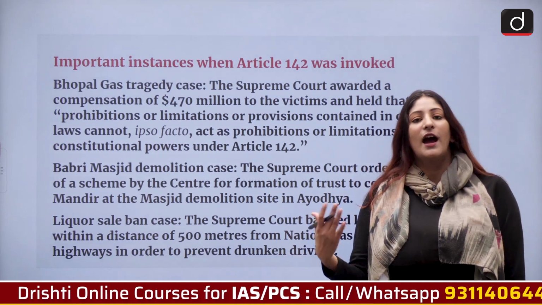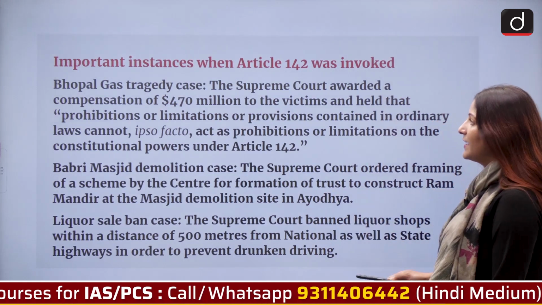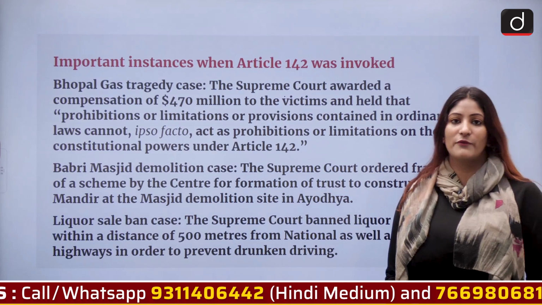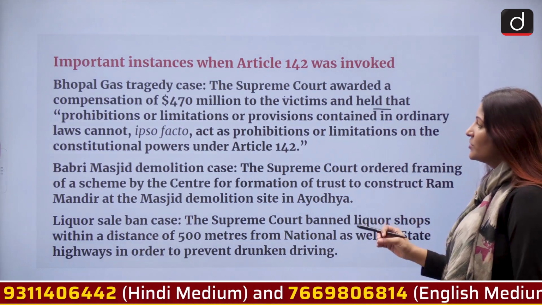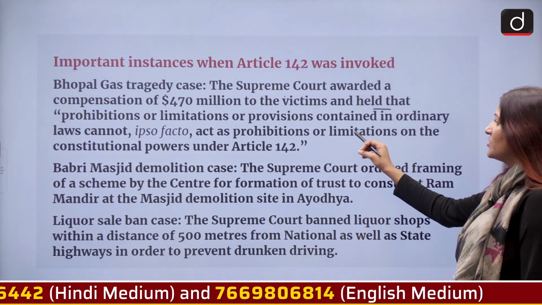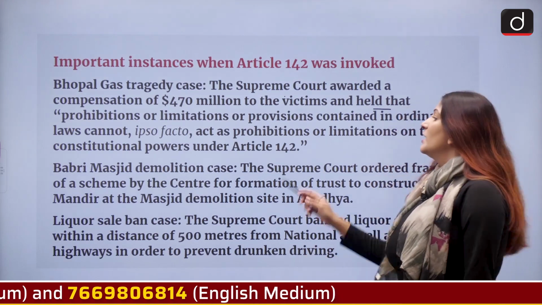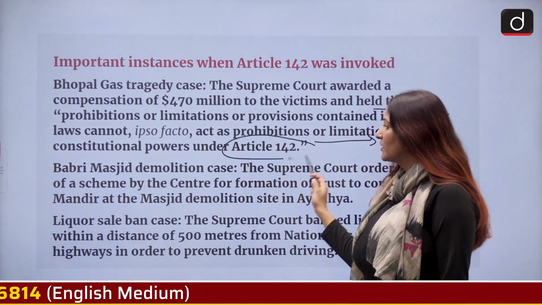Apart from that, Article 142 was also used in certain other cases, such as the Bhopal gas tragedy case, in which the Supreme Court awarded a compensation of $470 million to the victims and held that prohibitions or limitations or provisions contained in ordinary laws cannot, ipso facto, act as prohibitions or limitations on the constitutional powers under Article 142.